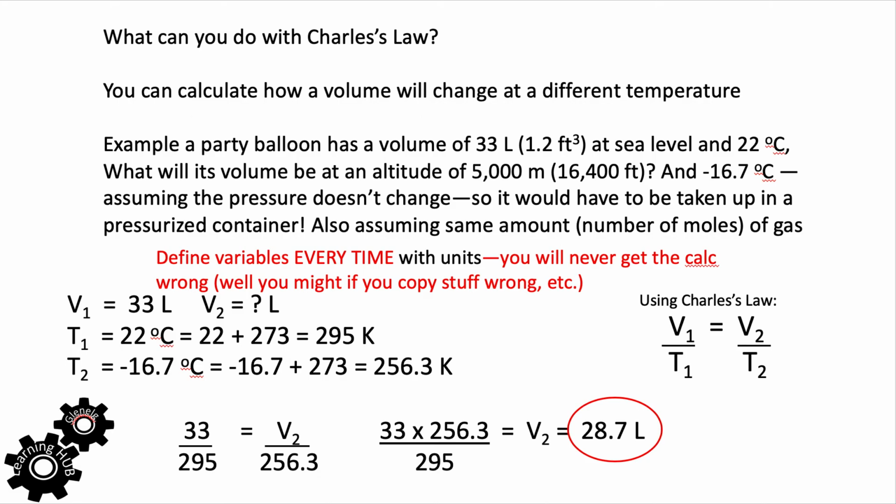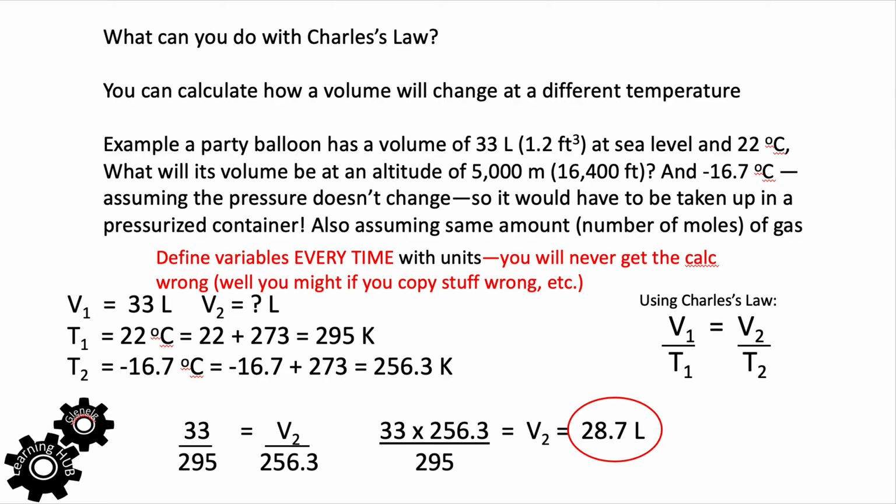So define the variables every time, and you'll never get a calc wrong. Well, you might do some incorrect copying and other things, but list the variables. V1 equals, keep the unit with it as well. V2 is my unknown, my question mark liters.